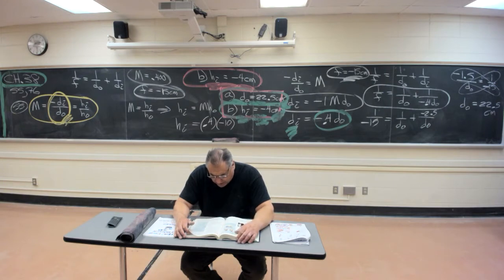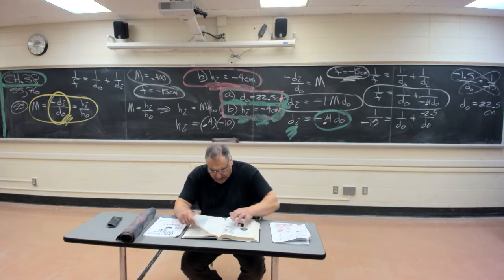We're going to ask, what is the value of dO1 that will result in this image position? Is the final image formed by the two lenses real or virtual? C, what is the magnification of the final image? And is the image upright or inverted? It's two lenses, two images. There are some distances here put for us. So let's write it down carefully. I think we're going to be okay.